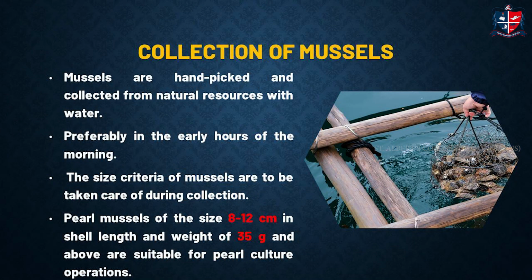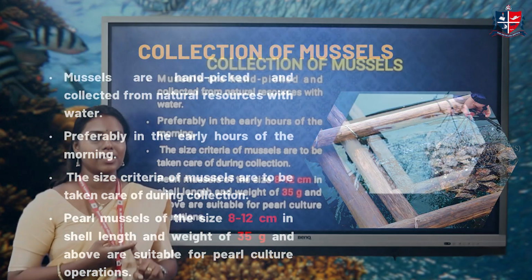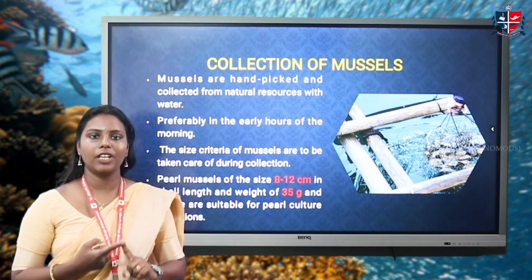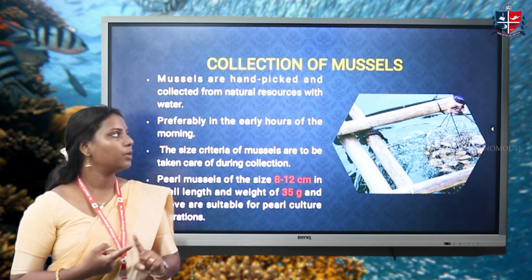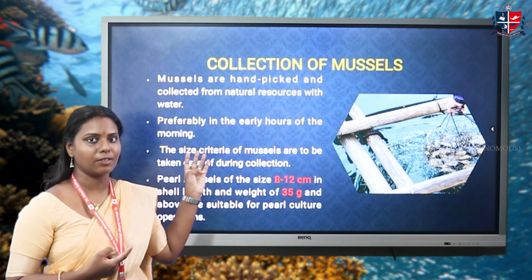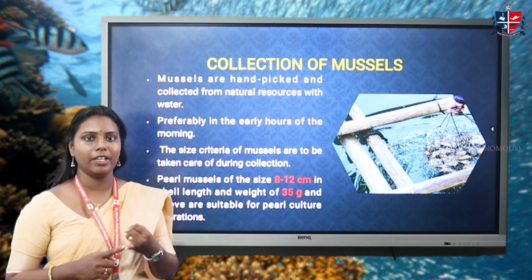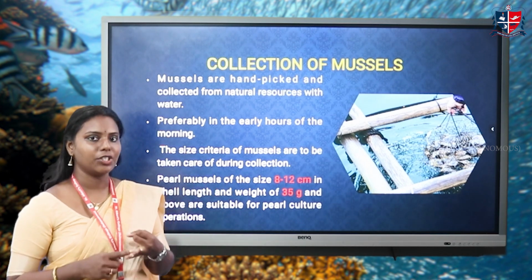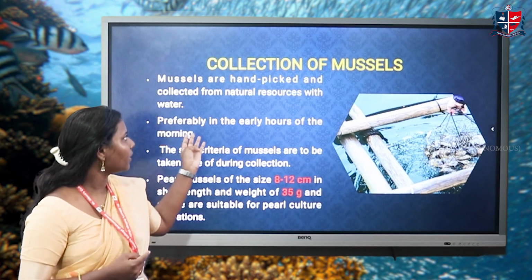As I've mentioned, the first and foremost step is the collection of mussels. For that we require a mother mussel, usually a freshwater mussel that we have already seen in the first slide, maybe Lamellidens or Parreysia corrugata.